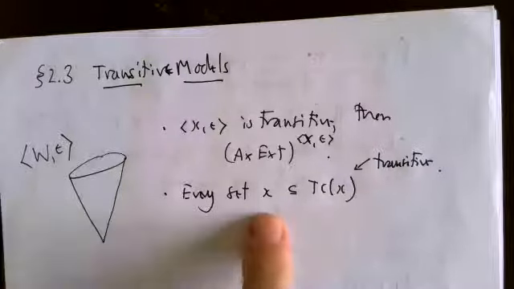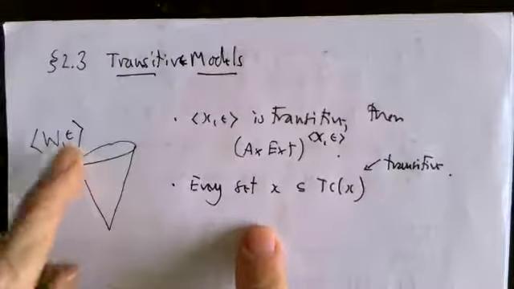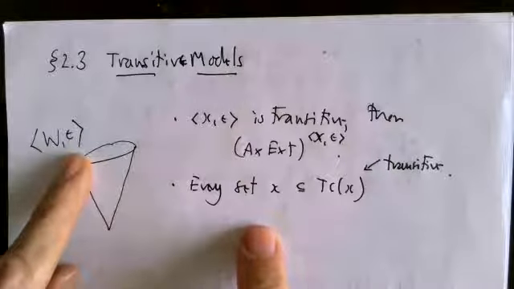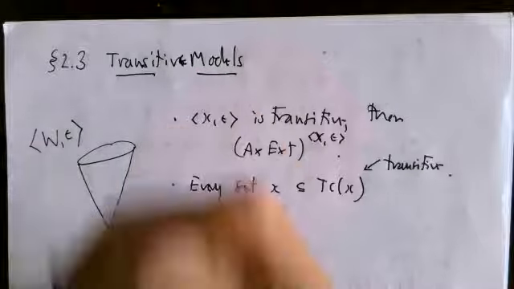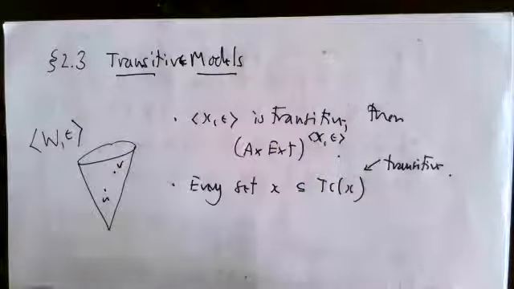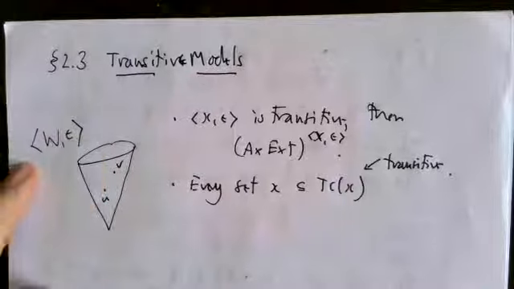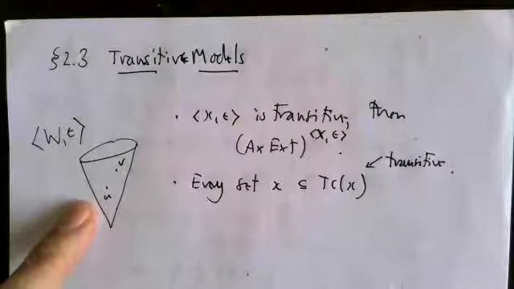Now, in this case, we're thinking of epsilon as a two-place relation, the membership relation, for example, on W. So for any objects that we might have here, U and V and W, maybe U is a member of V, maybe it's not. But W is correct about which ones are members and which ones aren't.